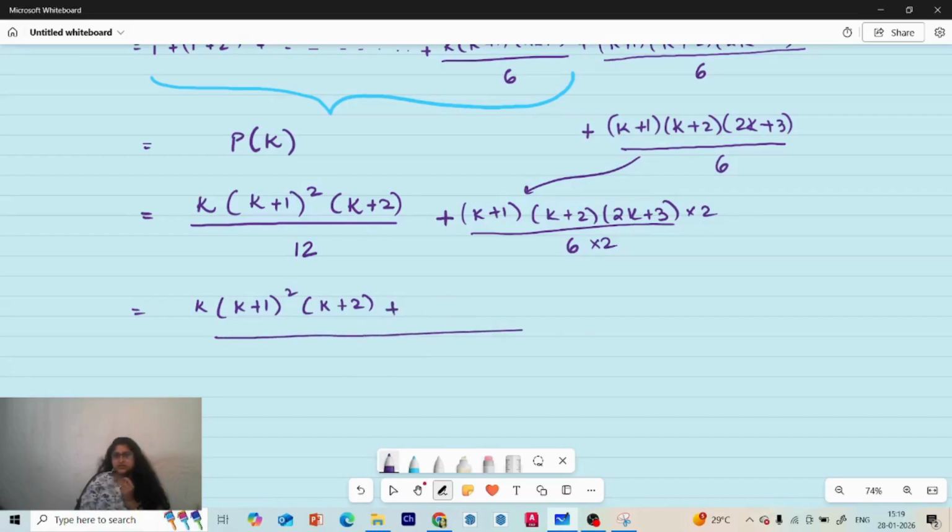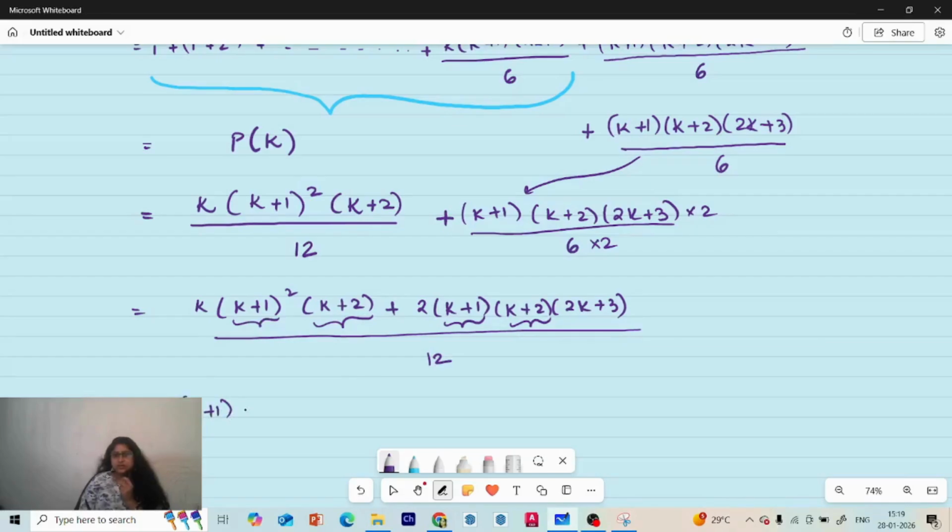Okay, I'm just taking the same base 12 plus 2 into k plus 1 into k plus 2 into 2k plus 3. Okay, so you can see that k plus 1 here is common, k plus 2 here, oka k plus 1, oka k plus 1, oka k plus 2, oka k plus 2 common undi. So let's take that out.